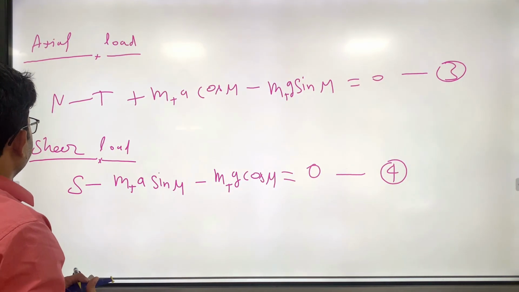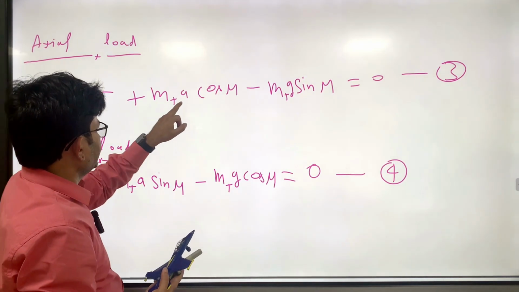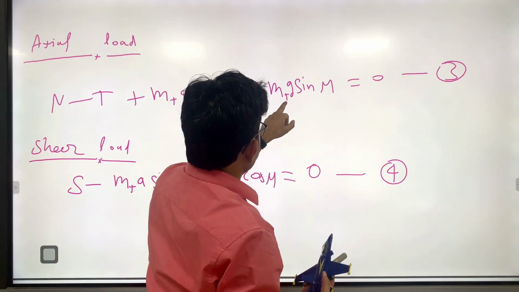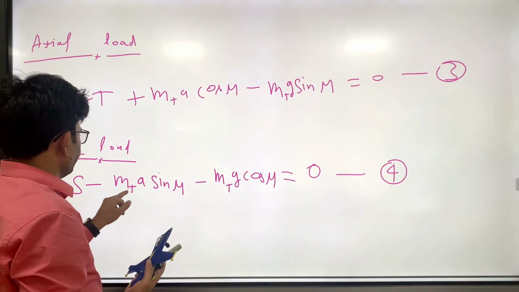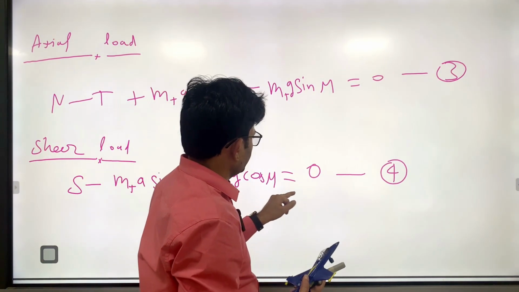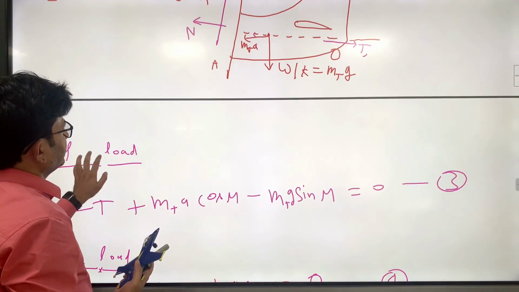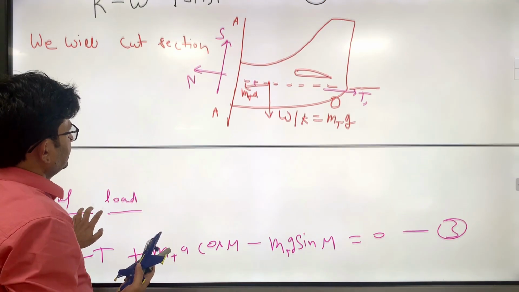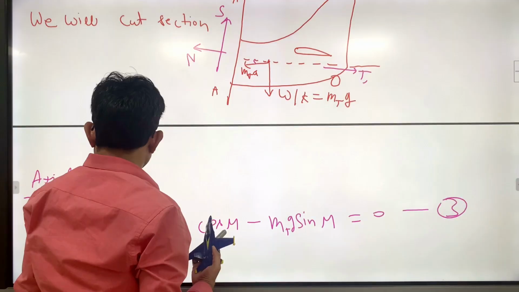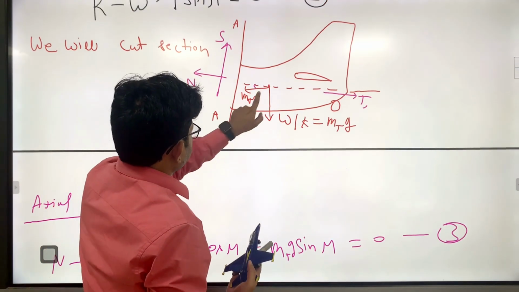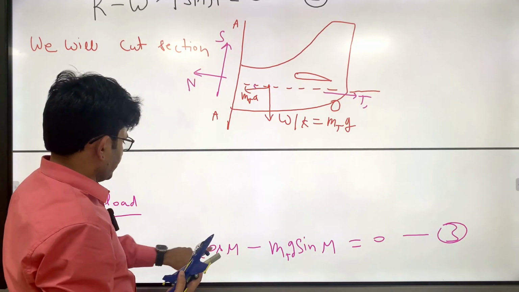So axial load you can resolve in axial direction: N minus T plus Mt a cos mu minus Mt g sin mu equal to 0, and shear load will be S minus Mt a sin mu minus Mt g cos mu equal to 0. Please see here, N I am taking in this direction, T is opposite to that, that is why N minus T is written, and this is Mt a, so one component along this plus Mt a cos mu.